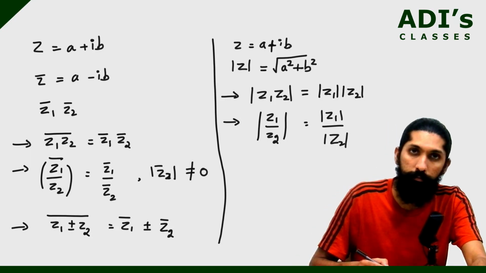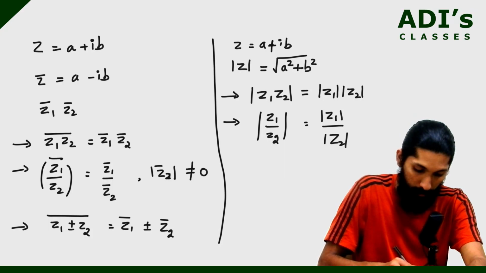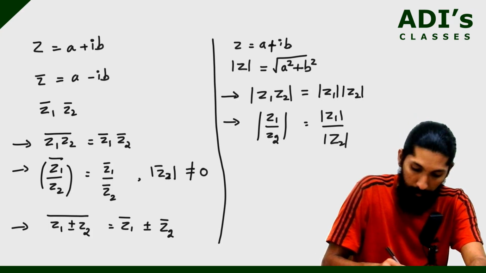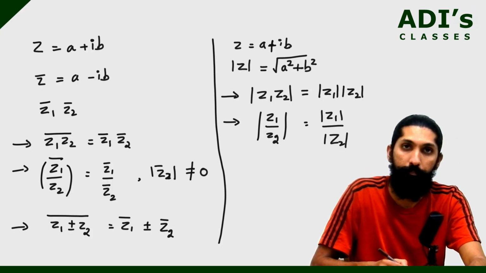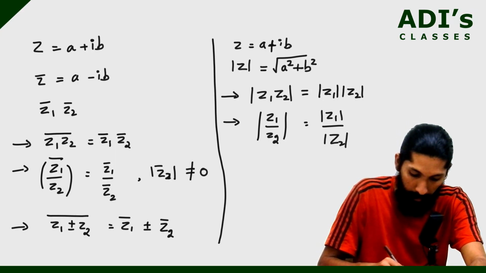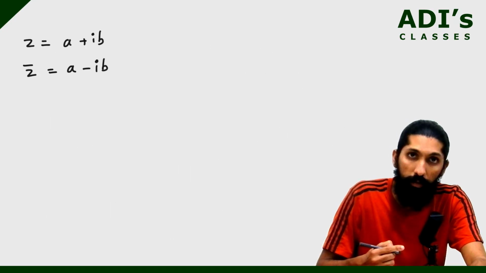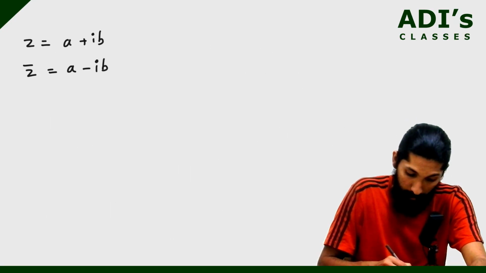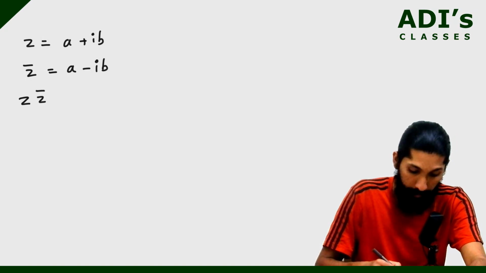For the formula, very simple, let's take z is equal to a plus ib. Fair enough? So, z bar is equal to a minus ib. Now, let's multiply these two, in the sense, you do z into z bar, the conjugate.